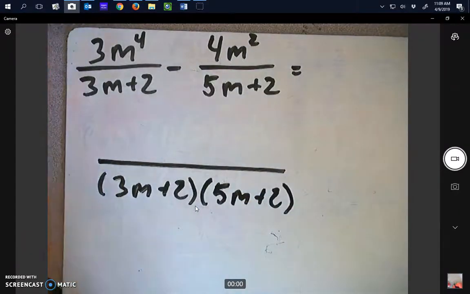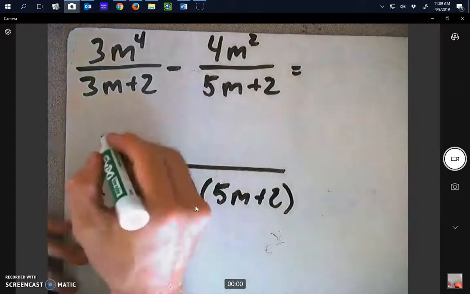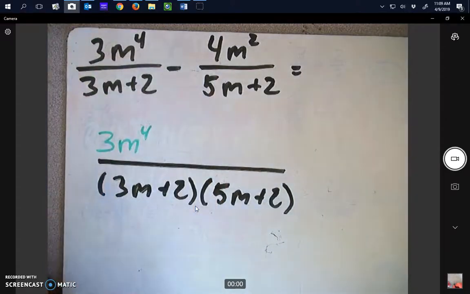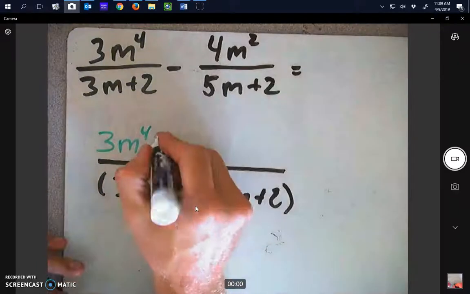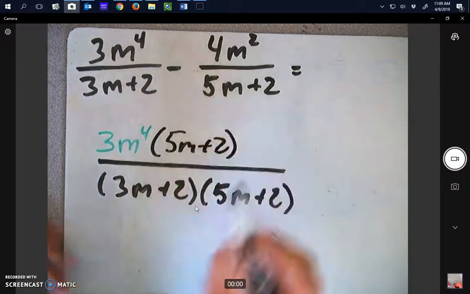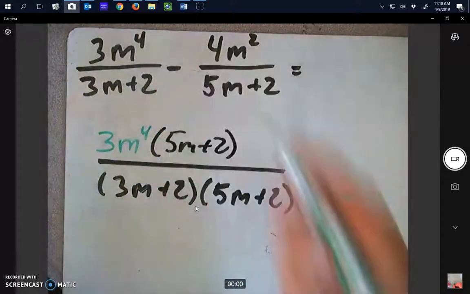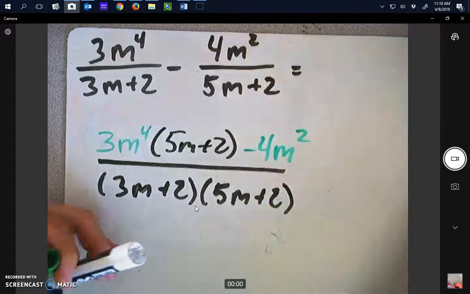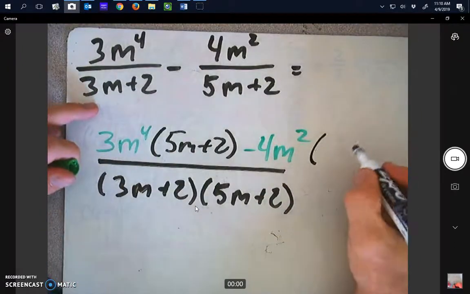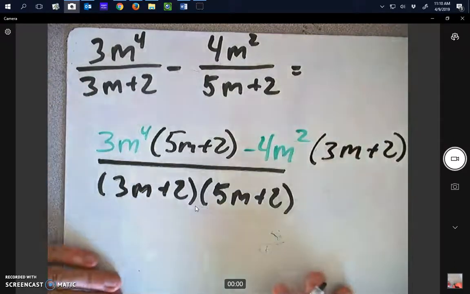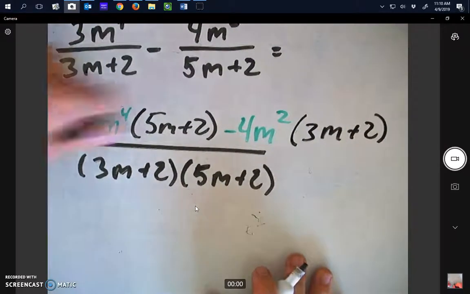And then we need to do 3m to the fourth times 5m plus 2. And then we need to do negative 4m squared times 3m plus 2. Okay. And then once we distribute this, we'll be done.